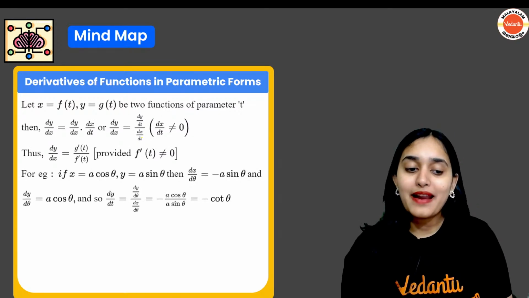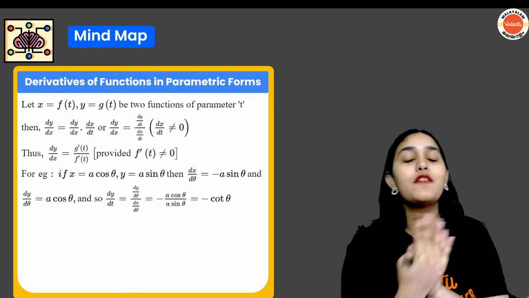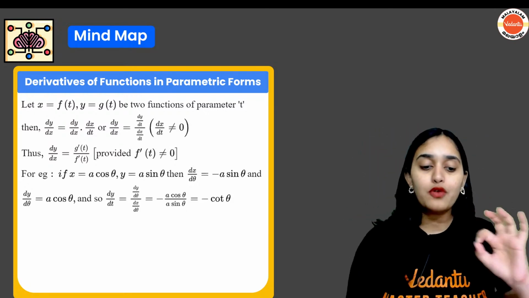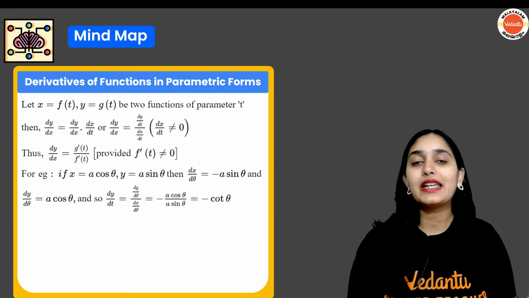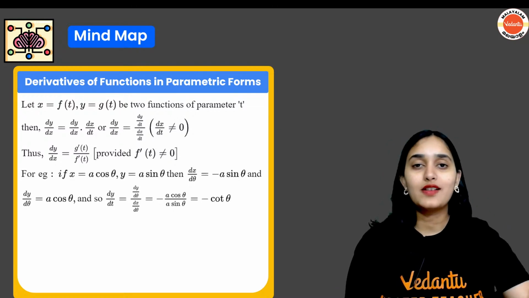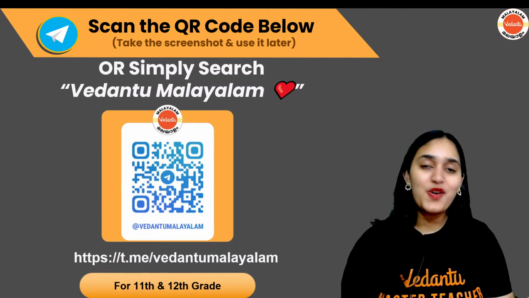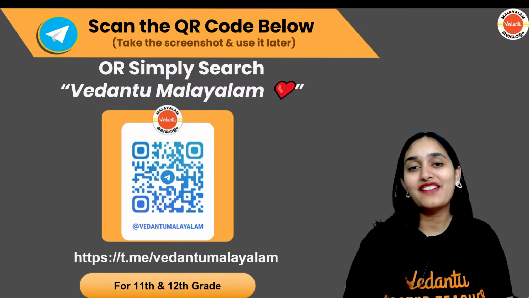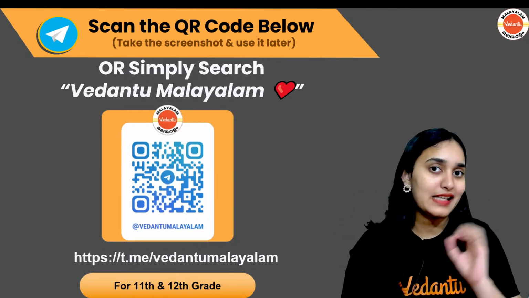And what is parametric form? When both the variables are written in terms of some third variable, then how to find their derivatives, right? So with this mind map, you can easily revise the 2 topics in just 2 pages before your exams. Alright guys, so congratulations, chapter number 5 completed with all the practice of important questions as well.